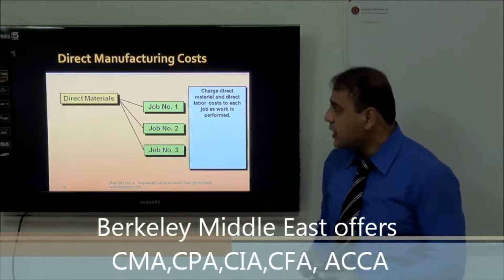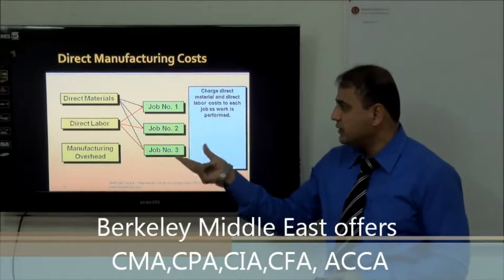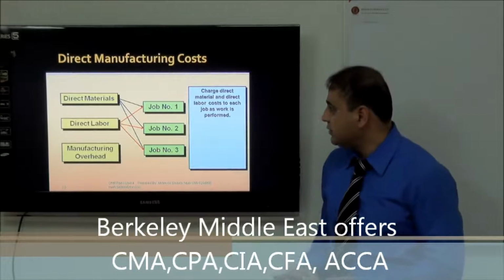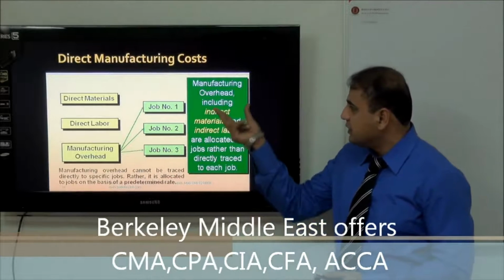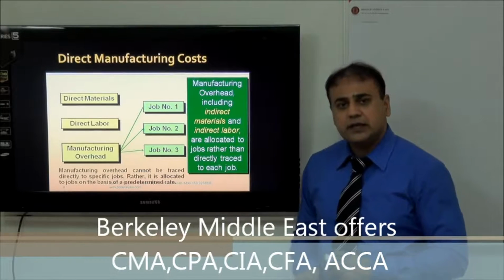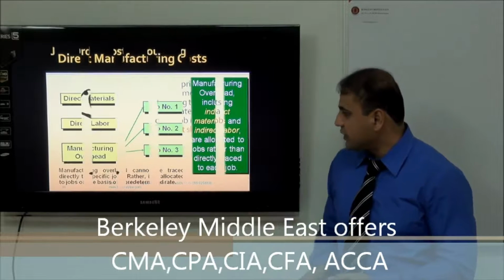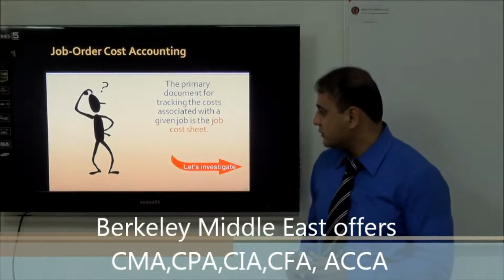Then how it works: we have direct material for job one, then we need labor, and manufacturing overhead is required. So this is how things go on. Manufacturing overhead includes indirect material and indirect labor, and those we have to allocate to the full cost per unit.